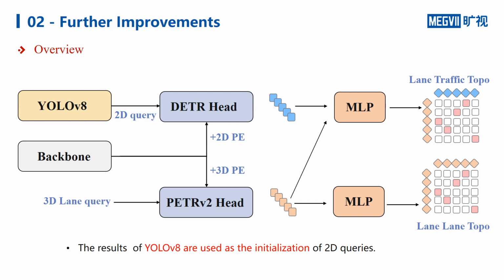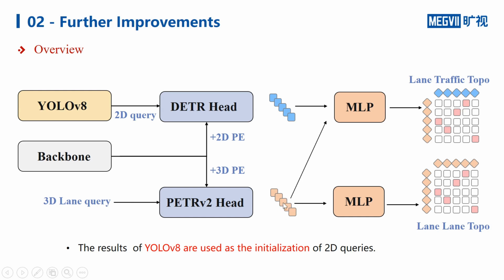By integrating YOLOv8 and CVPR2023, we have constructed a multi-stage framework and extended it to the prediction of topology relationships. Initially, a pre-trained YOLOv8 model is employed to generate 2D object queries. Concurrently, the 3D lane queries are fed into the CVPR2023 head to produce 3D centerlines.